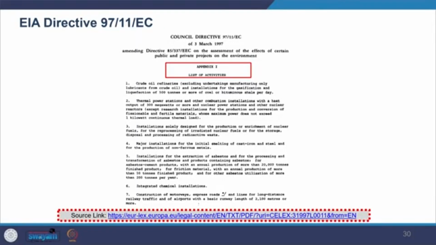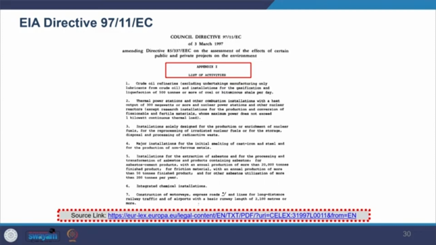As per the Espoo Convention, you see that the EIA process is again aligned with it. For example, you can see the Directive 97 on environmental clearance. It brought EIA practice in line with the convention. So, this particular directive aligned their practice with the convention, and based on that, see how it is also influencing the process which is adopted.